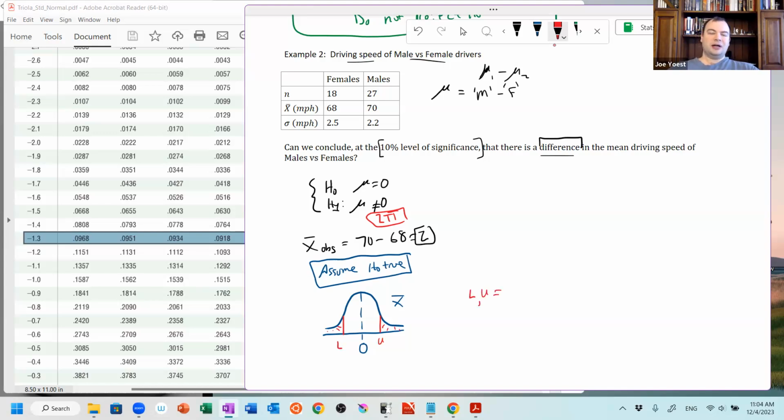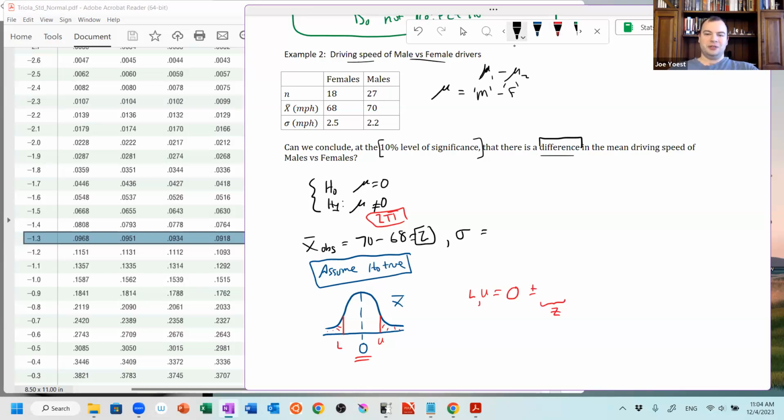And this is going to look a lot like a confidence interval, but remember the detail that we're centering at 0, not centering at X bar observed. So this is going to be 0 plus or minus some Z number that we'll find in a second here, times the standard error. So we also need to know, maybe I'll do that up here.